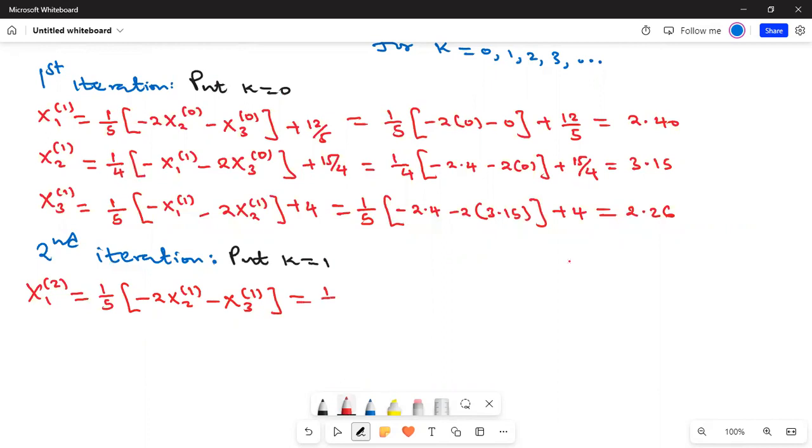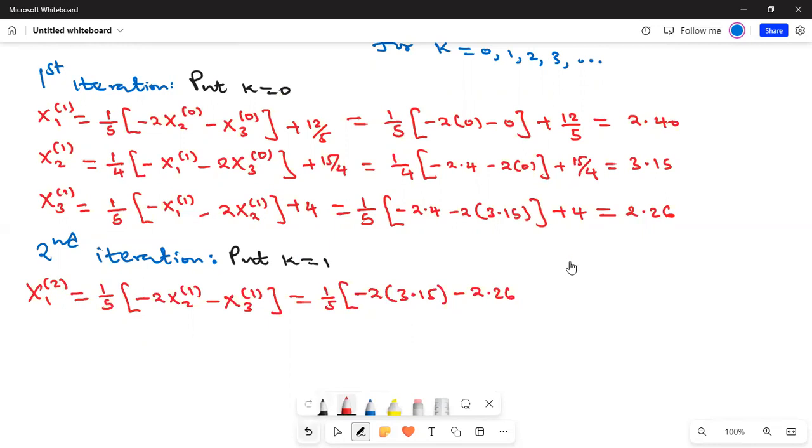And that is 1 over 5 negative 2 times 3.15 minus 2.26. I have left out something. There's a plus 12 over 5.